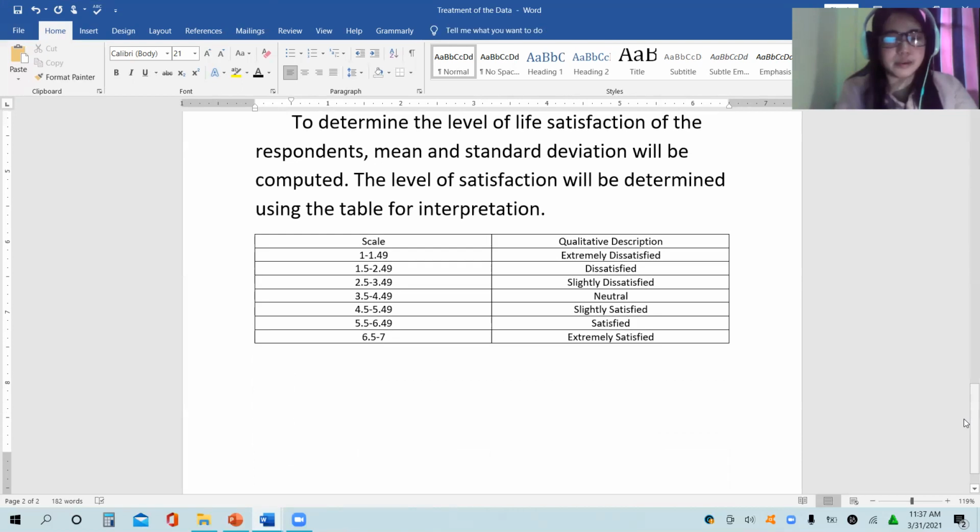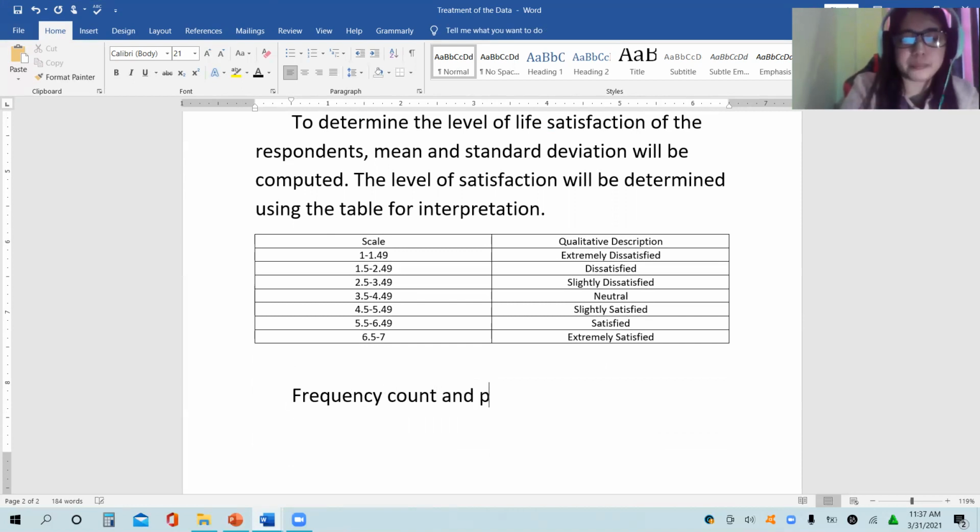And next, this is the mean or median, whichever is applicable. Frequency count and percent distribution will also be presented.